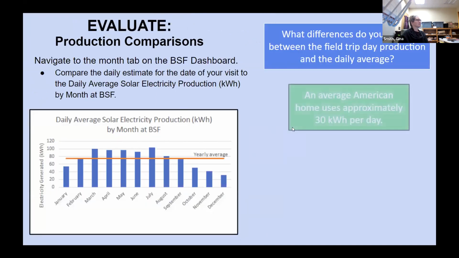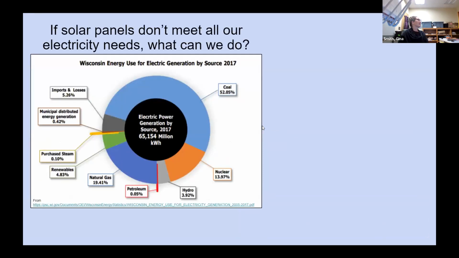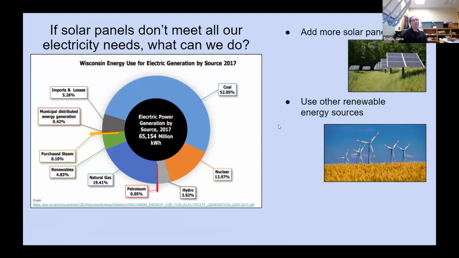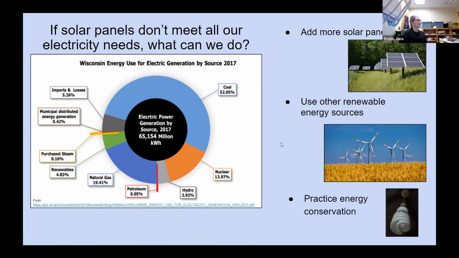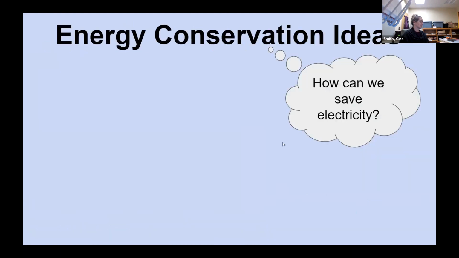It asks them to do a few other things, looking at how much electricity the average American household uses to determine if Boston School Forest could produce enough electricity to power them. And then it also talks about what you do if you don't produce enough power to meet your energy needs, and asks kids to think of ideas for that, either conservation or finding other renewable sources of energy.